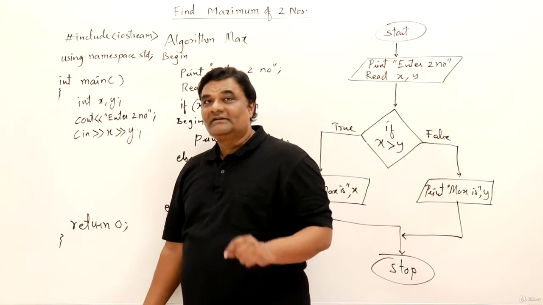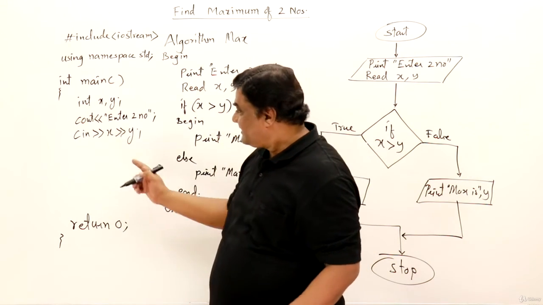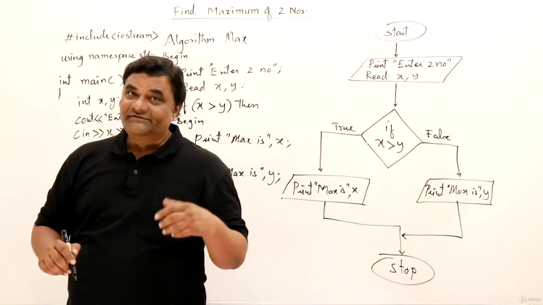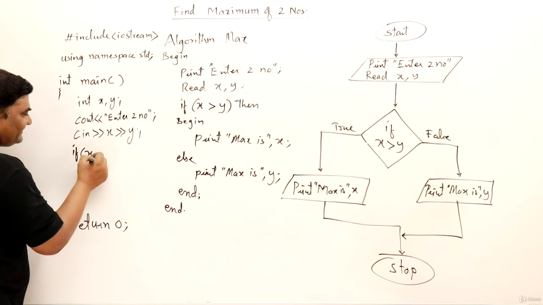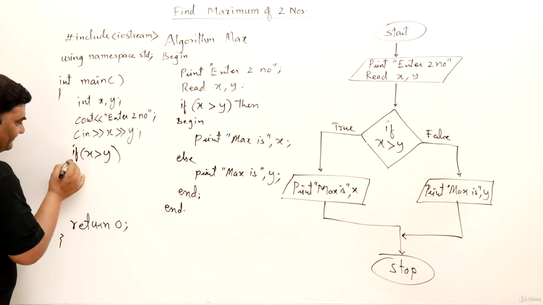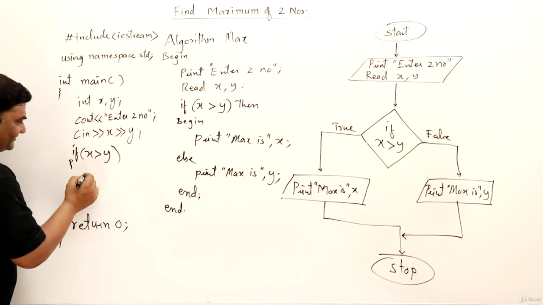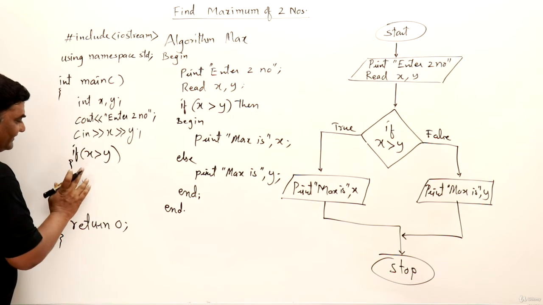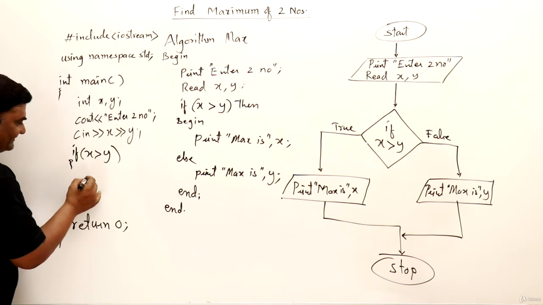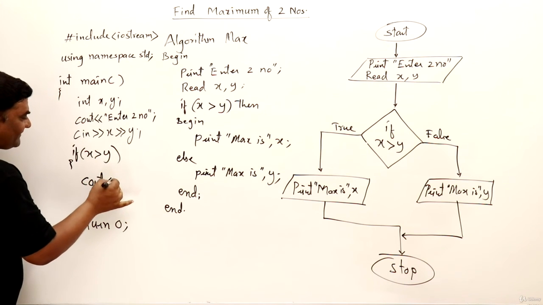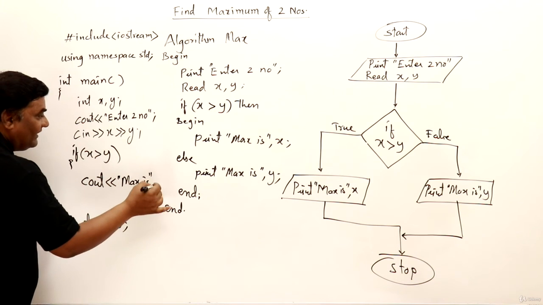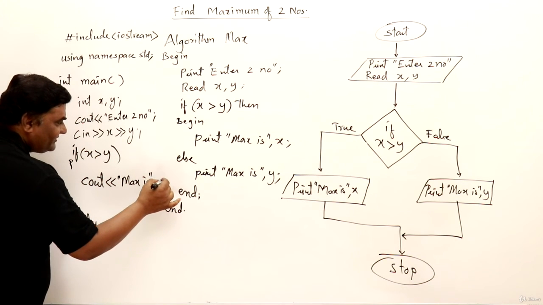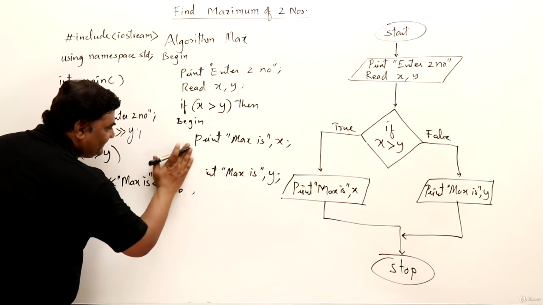Now the important part, if and else part. So I will write down here if and else, if x is greater than y. So watch this, how to write it. If x is greater than y, then bracket start. If this is true, then I should print that max number is x. So cout max is, and again insertion operation, then x.